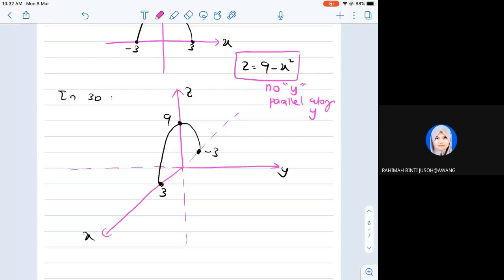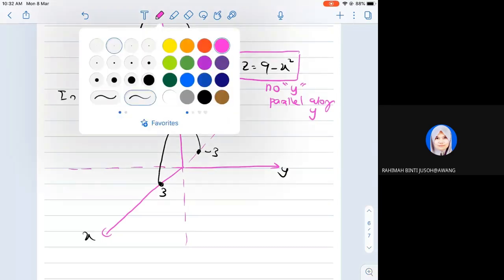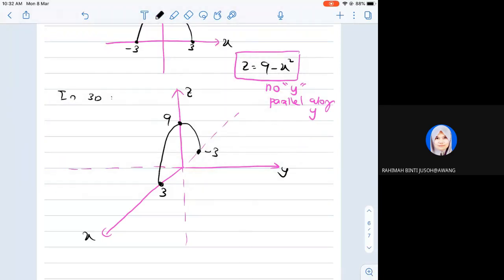All are correct. Okay, so let's say saya nak tarik ke kanan sahaja. So I will have this. Alright, and then depan pendek, belakang macam ni. So satu pendek, satu panjang lah. So this is the parabolic cylinder. Understand?